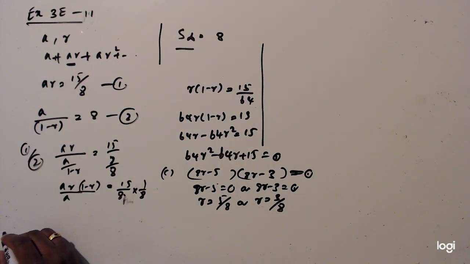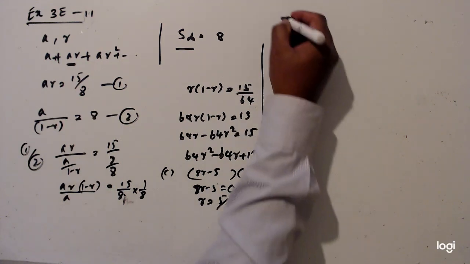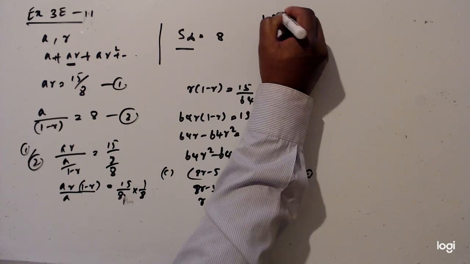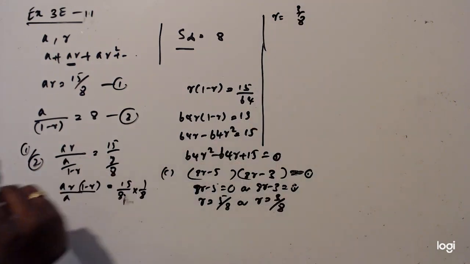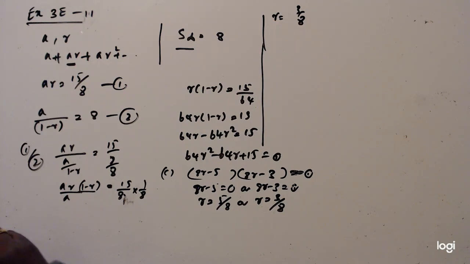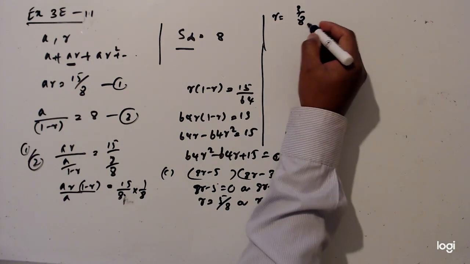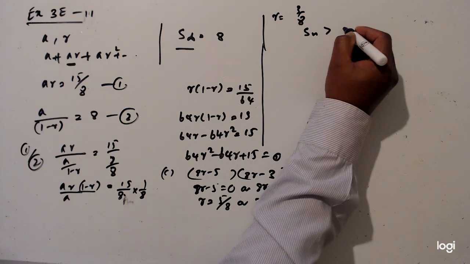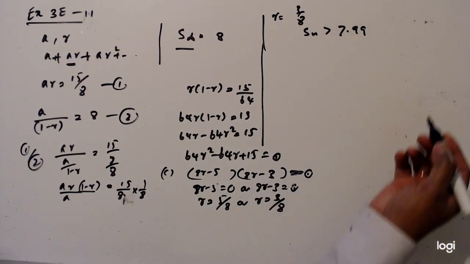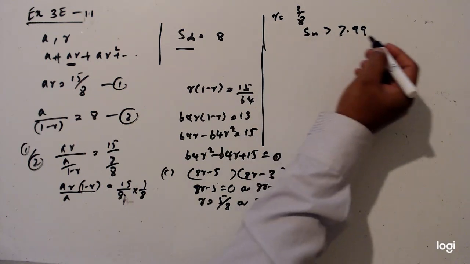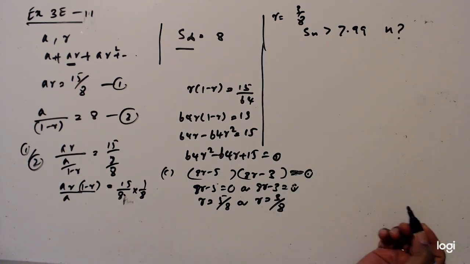Part D, given that r takes the smallest possible value, so when r equals 3 over 8, find the sum. So we want to find Sn exceeding 7.99, the value of n.